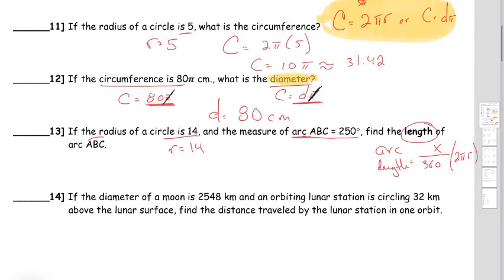In my calculator, I'm going to put in parentheses x, which represents your central angle, or 250 over 360, parentheses, and then parentheses again, 2 times pi times 14. I put all of that in the calculator, and I get an arc length of 61.09.